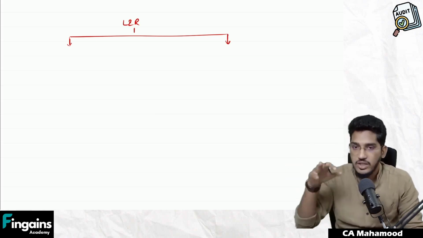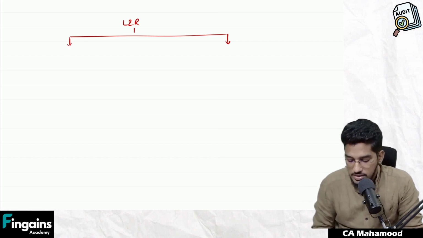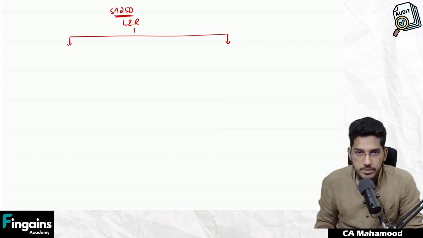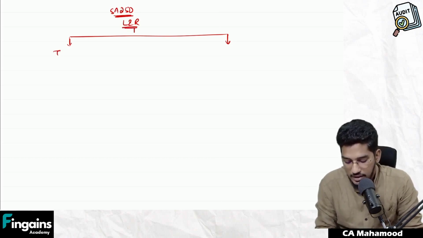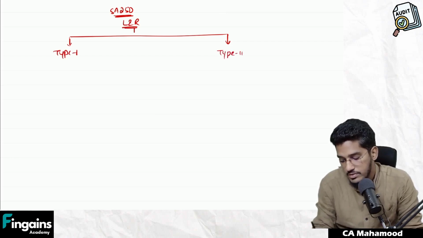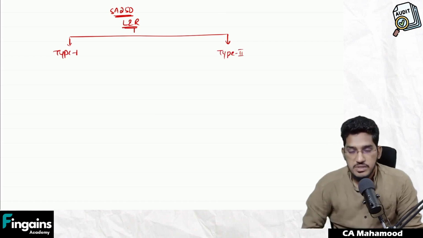But to know what the auditor is supposed to do, the laws and regulations are divided into two categories, type 1 and type 2. For what purpose? To determine the auditor's responsibilities regarding laws and regulations applicable to the client.